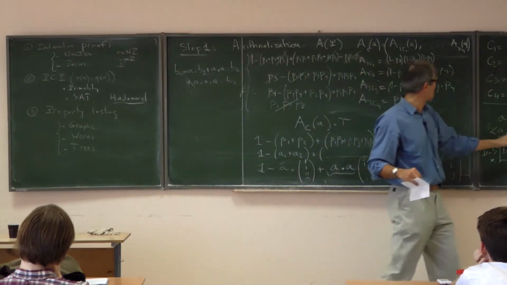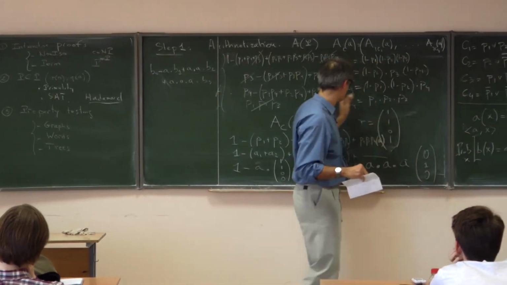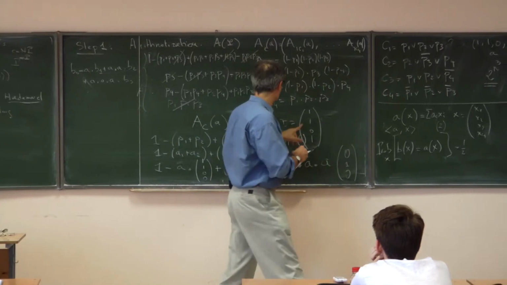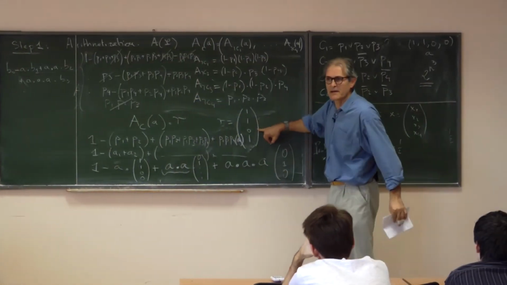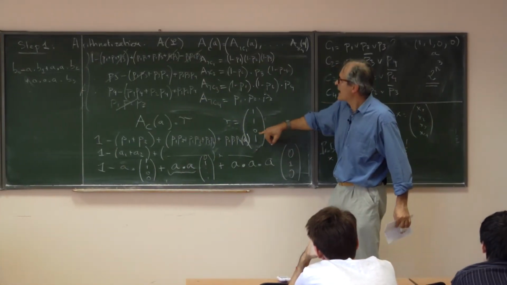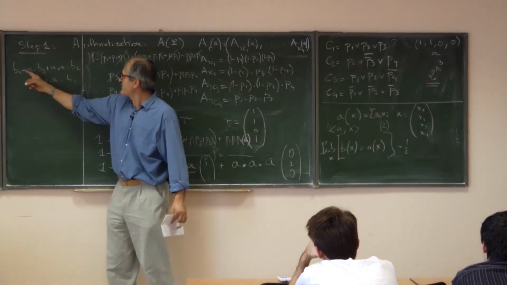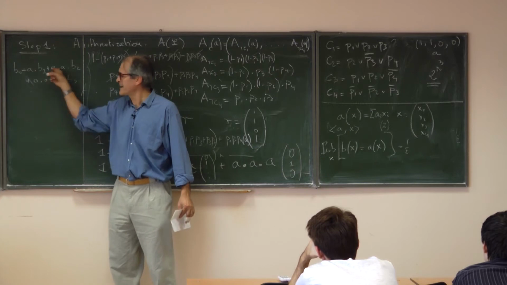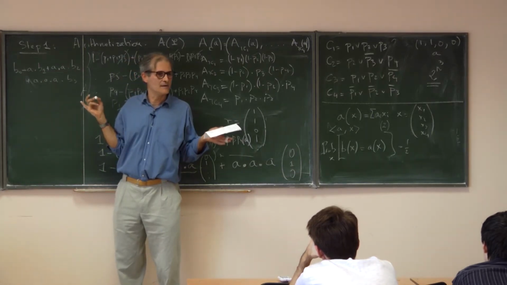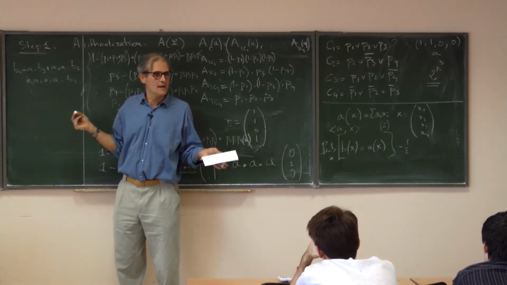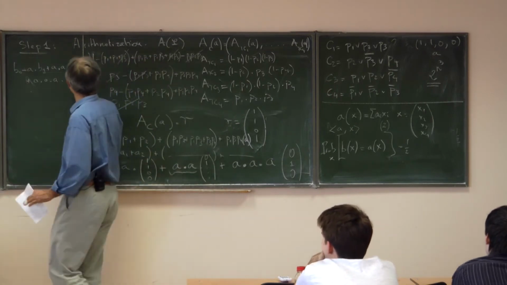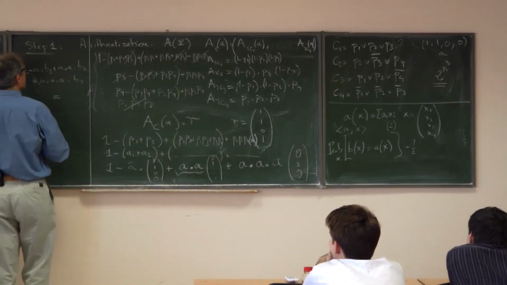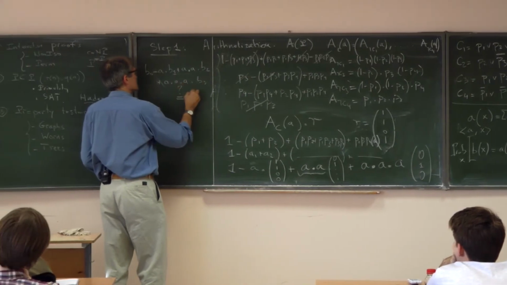Now, what have I done? I picked an R, random. So where was my R? Here is my R. If I take another R, I will get different B's. The B's I get here are totally dependent on R. And now I should evaluate this, and the question is, do I get 0 or not?